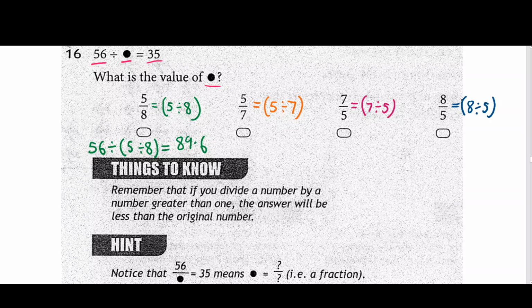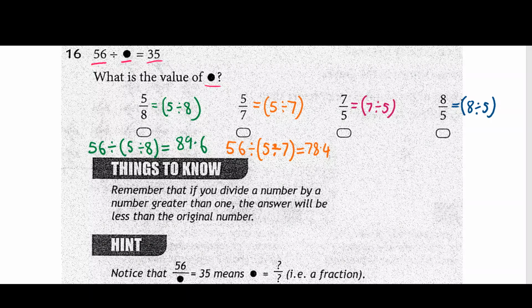Let's have another shot with 5 divided by 7. So we've got 56 divided by a bracket 5 divided by 7, which gives 78.4.